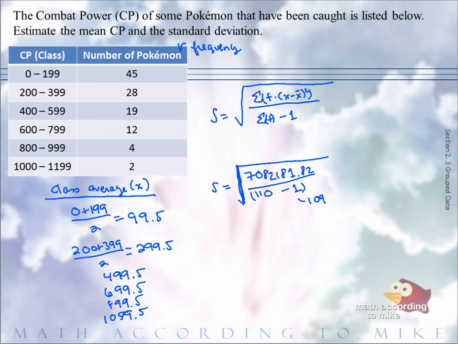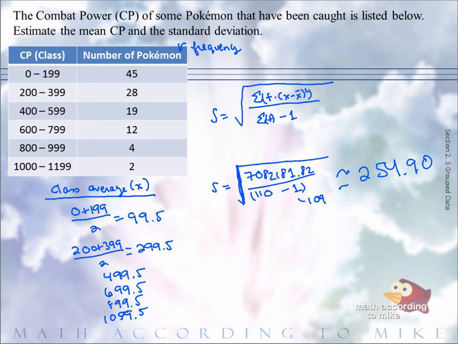So now in the calculator, we'll do the square root of that glorious number. And we get a lovely 254.90 as the standard deviation.